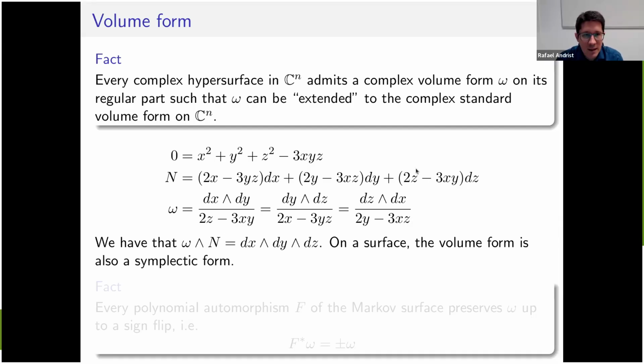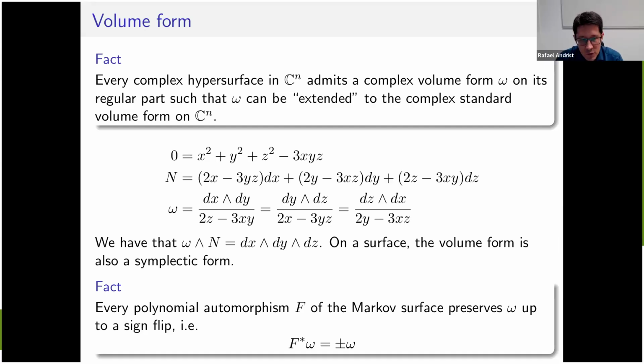So this is what I mean by extends to the standard volume form. And then, since we know all the generators of the polynomial automorphism group, it's just straightforward to check that polynomial automorphisms will preserve this form up to a sign flip. I mean, it depends: if you have a transposition, then the sign will flip, but for the involution, the sign will stay the same, for example.